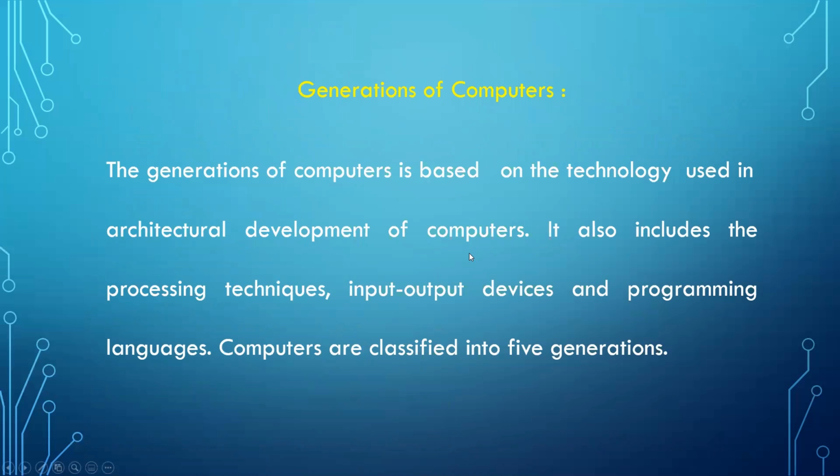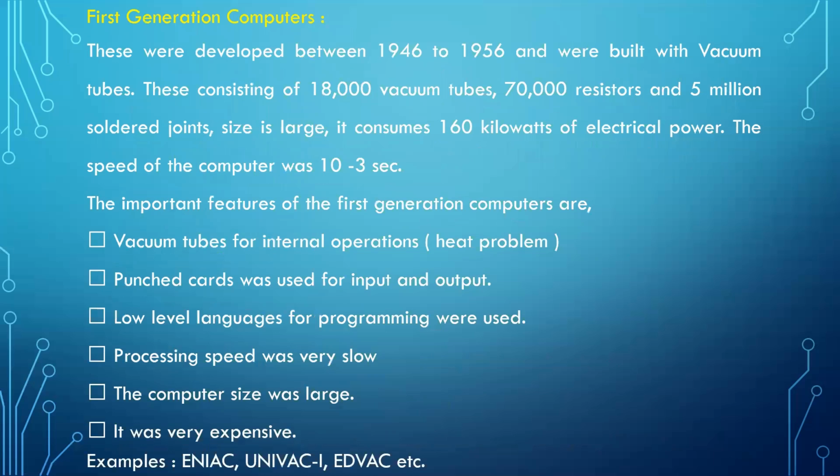The generations of computers were based on technology and architectural development of computers. We have a total of 5 generations of computers. The first generation computers were developed between 1946 and 1956, and they used the vacuum tube as one of the main components.